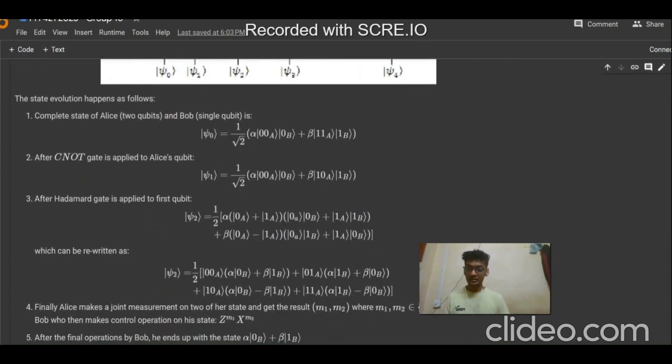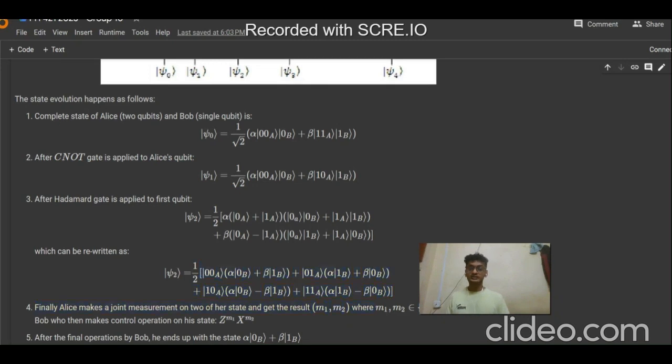Here I have shown how the state evolves during this protocol. First we apply the CNOT gate, which takes the state from ψ0 to ψ1, and then we apply the Hadamard gate, which superimposes 0 and 1 with equal amplitudes, and we can rewrite the state as this.